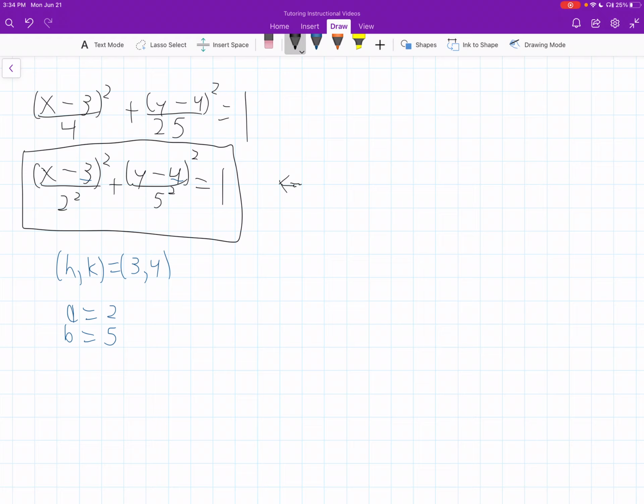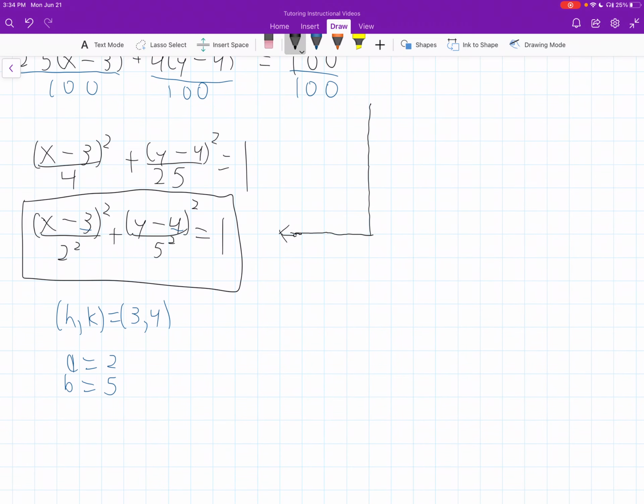So if we do that, I'm actually going to save space too. I'm going to make these 2s, so let's do 2, 4, 6, 8, just to save on space. Alright, so I know my center's at 3, comma 4.